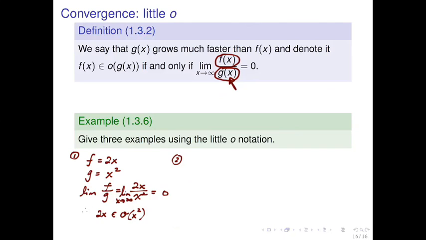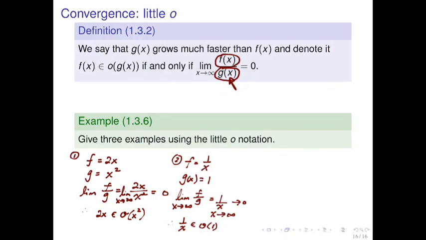In the second example, if I let f be 1 over x, and g of x be a constant function of 1, then the limit of f over g as x approaches infinity is simply 1 over x. And you know that this expression actually goes to 0 as x approaches infinity.